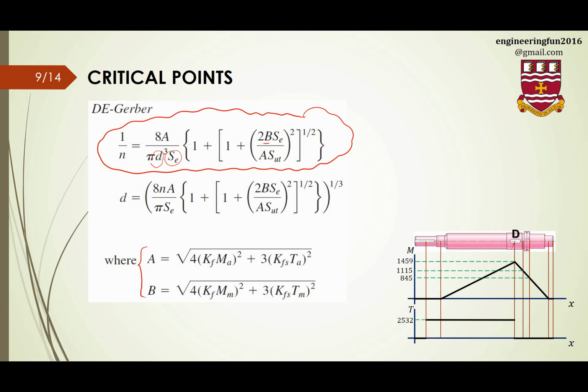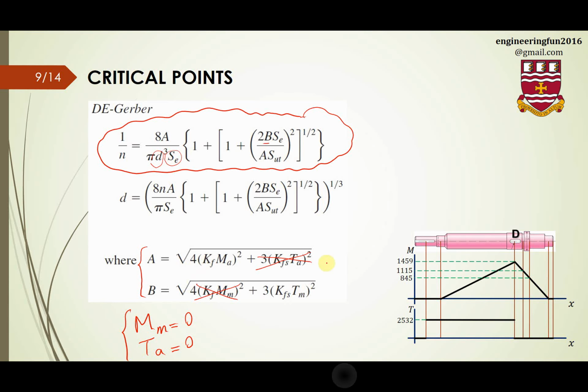So, for example, in this case, if I want to find A and B, I said that Mm equals 0 and Ta is equal to 0. This is what I said at the beginning of the lecture. So this term is 0 because Mm is 0, and this term is 0 because Ta is 0.